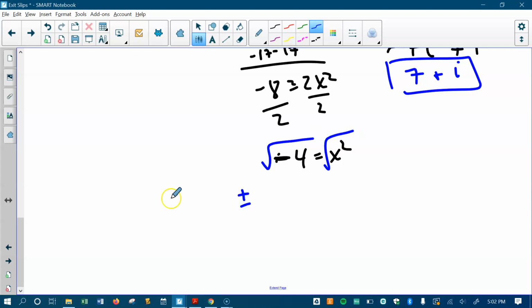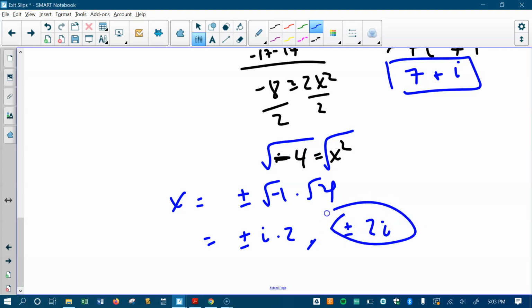I get plus or minus, I get x equals, well, let's see here, the square root of -4 is going to be the square root of -1 times the square root of 4. Well, the square root of -1 is i, and the square root of 4 is 2. So I get, this would be a fine answer, but most likely on an answer key you would see it as plus or minus 2i.